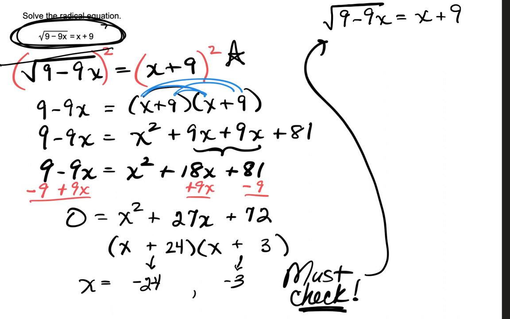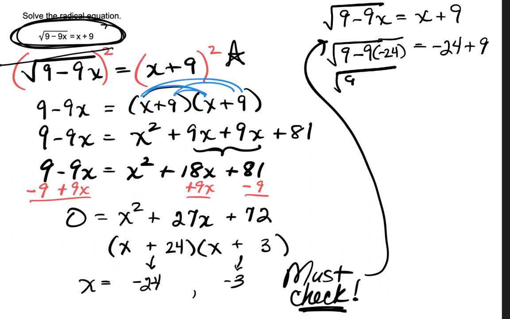Let's check negative 24 first. You're going to plug it in for x, times negative 24. And you just want to see if this is true. Oh, goodness, it's some big numbers.